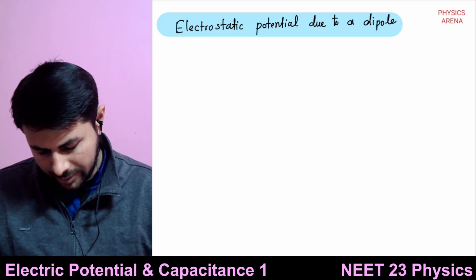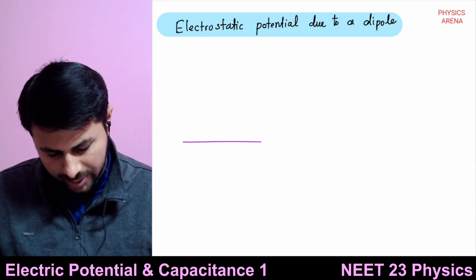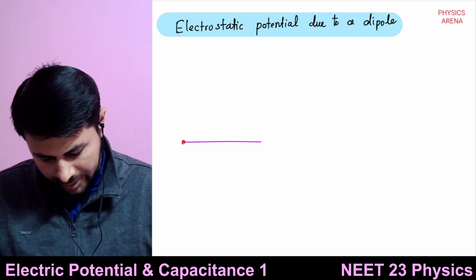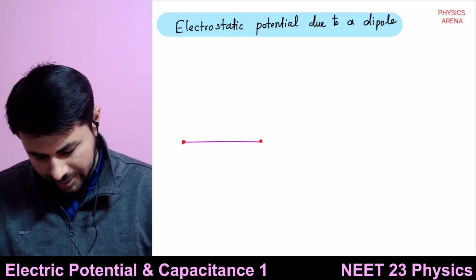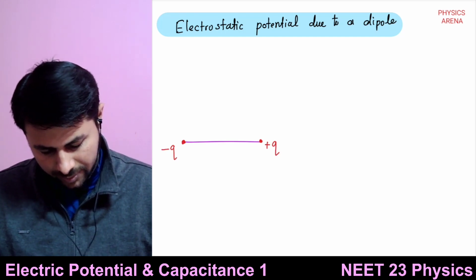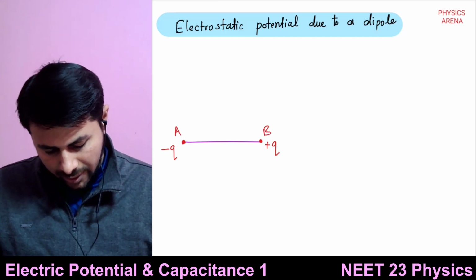So let's suppose we have this electric dipole. This is charge minus q, and this is charge plus q. Suppose this is point A, point B, right?